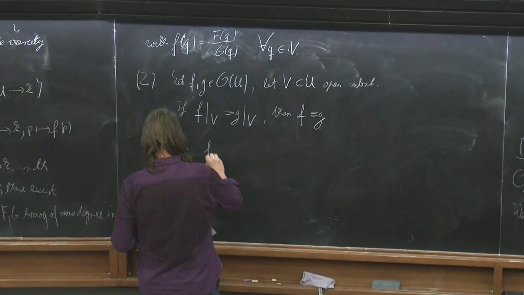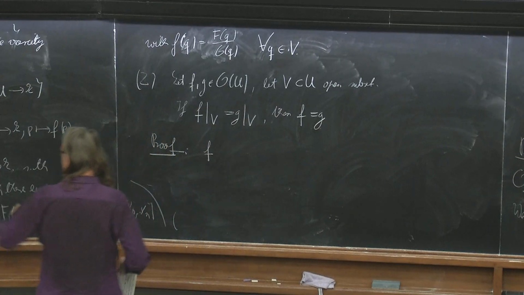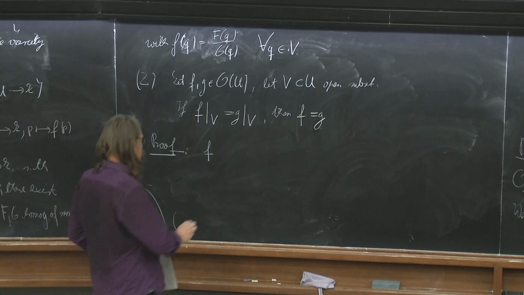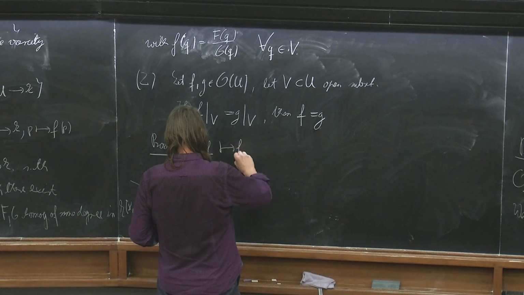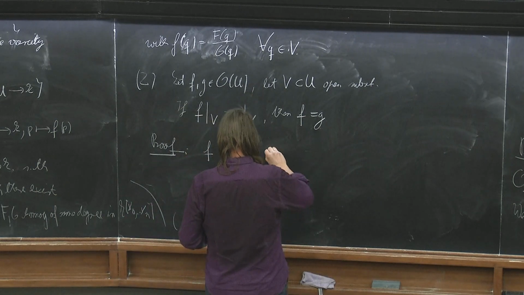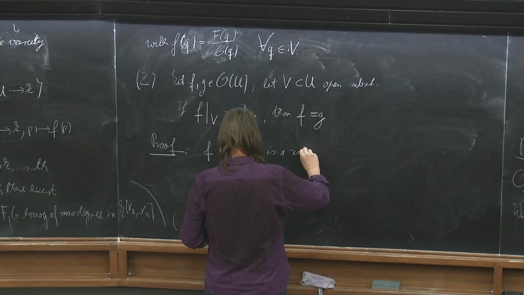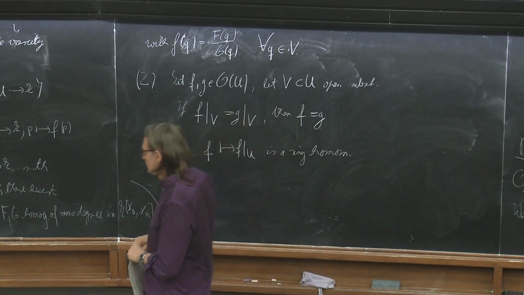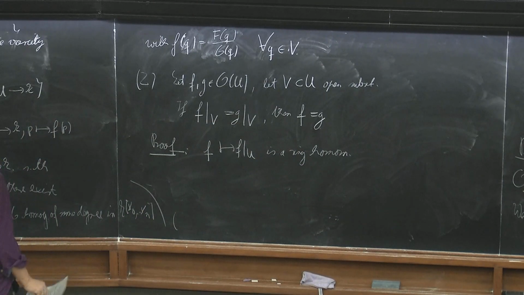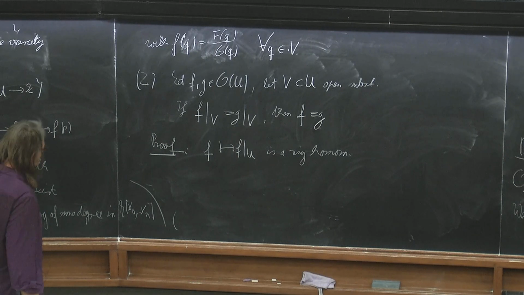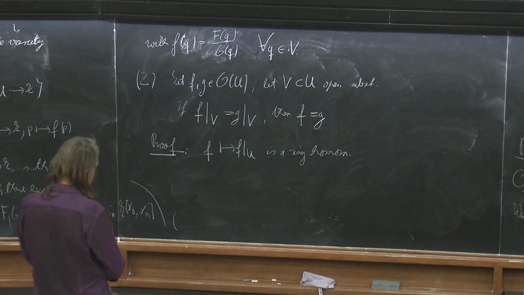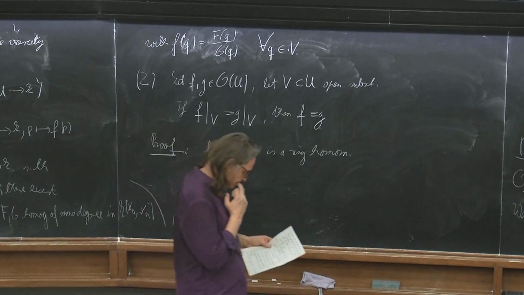We know that this map, which I have defined here, sends f to f restricted to U, the ring homomorphism. If you take the sum of the two functions in K(X), it gives you the sum here and so on. Thus, in order to see that it's injective, it's enough to see that the kernel is 0.